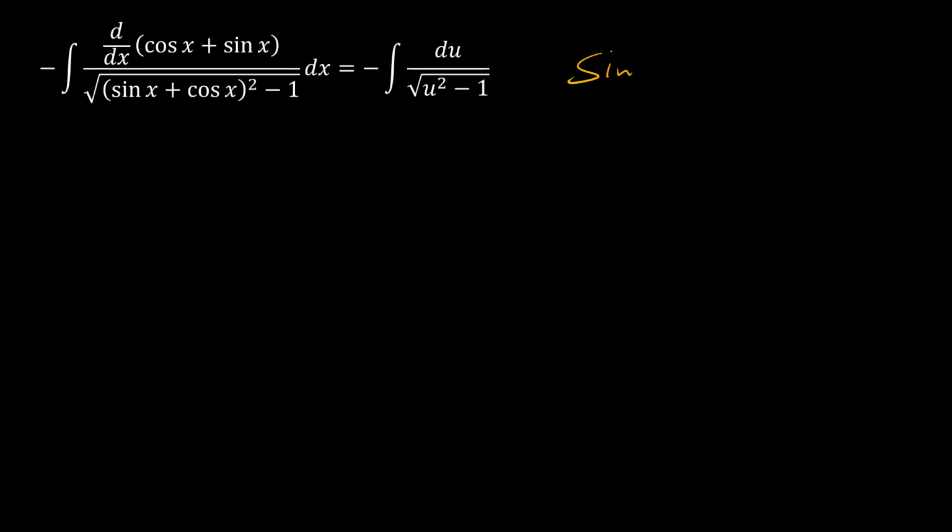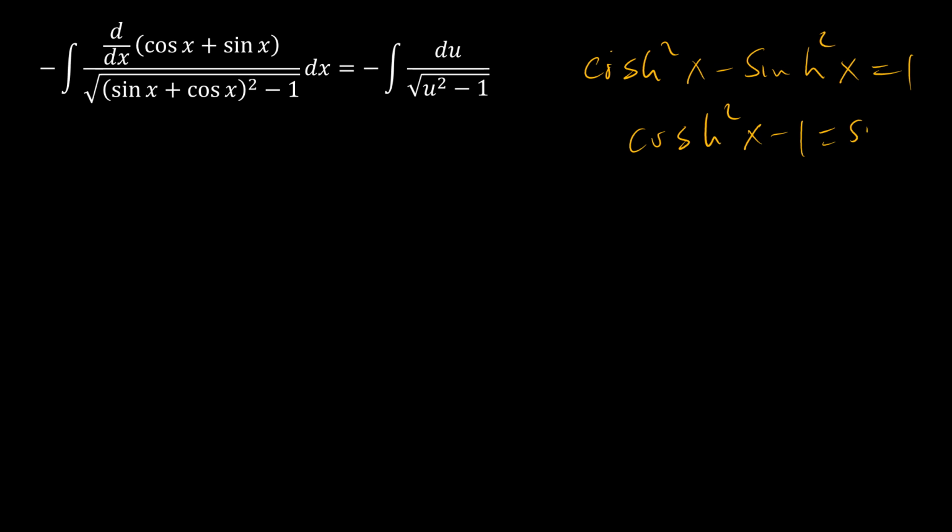let me write it a little bit better because I messed up a little bit, but we know that cosh squared of y minus sinh squared of y is equal to 1. So cosh squared y minus 1 is equal to sinh squared y.